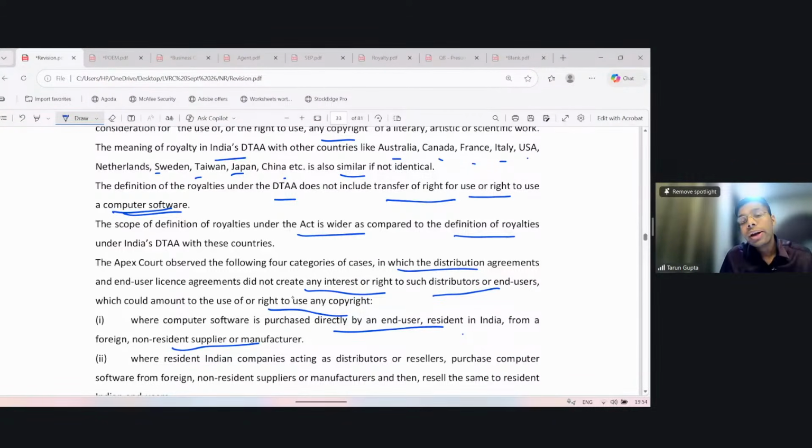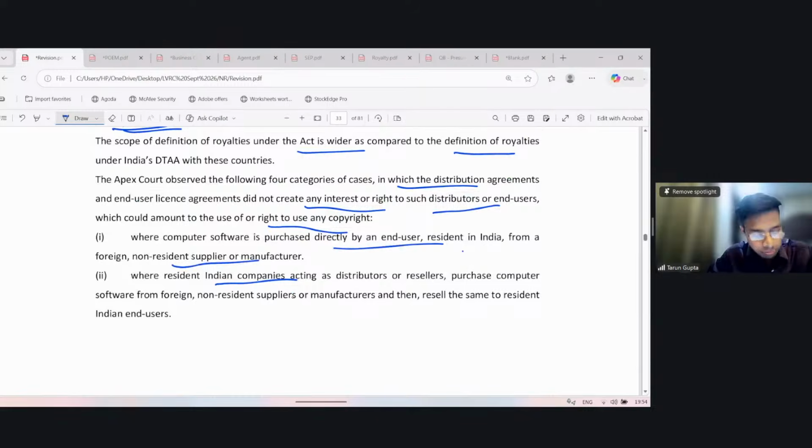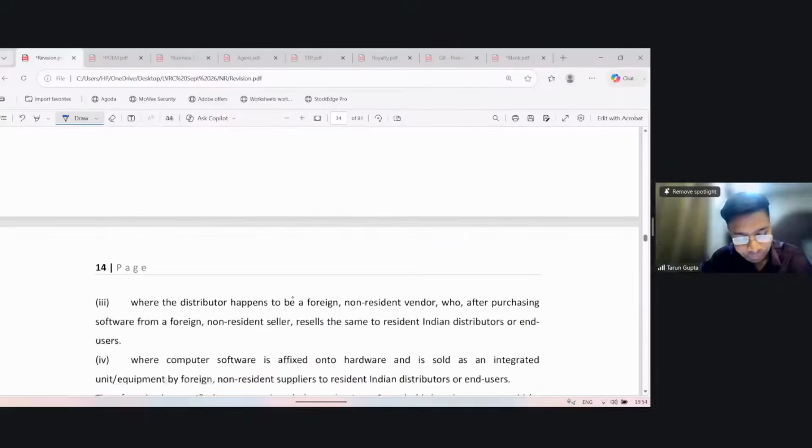Second, where the resident Indian company is acting as a distributor, purchases computer software from a foreign non-resident supplier or manufacturer, and then resells the same to a resident Indian end user. In this case also, there is no royalty taxability under the DTAA.